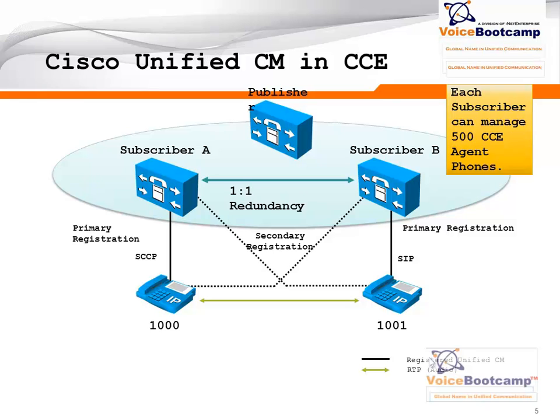For example, we can see two phones, 2001 and 2002, have a primary registration to separate servers in our Unified CM cluster. Logically, these separate physical servers share the same cluster configuration. So in any event, if one server goes down, the other one can provide the services.